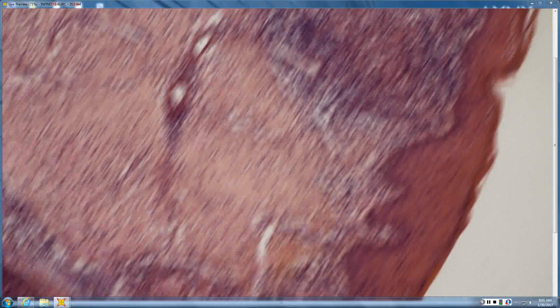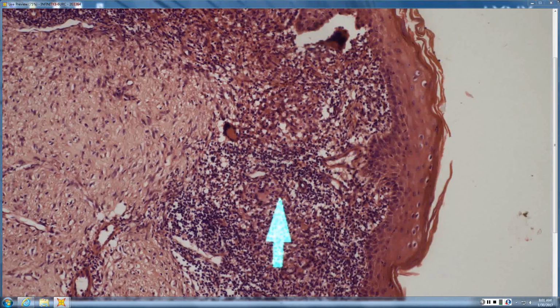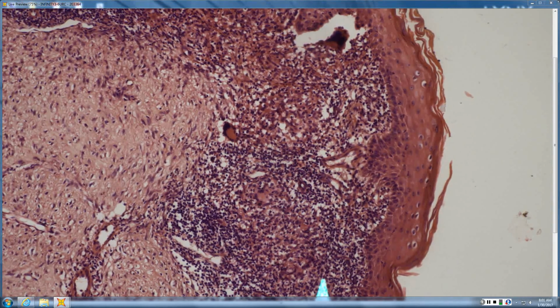There's some giant cells and neutrophils. Giant cells. There's some holes too, I think. And definitely more giant cells and granuloma, and that granuloma is surrounded by lymphocytes.